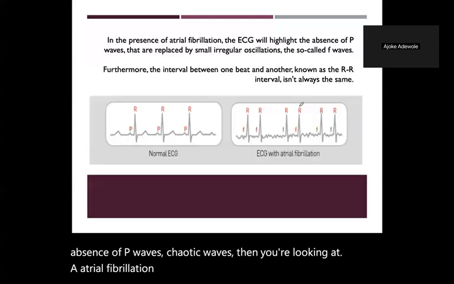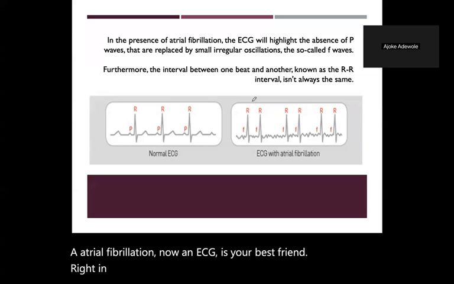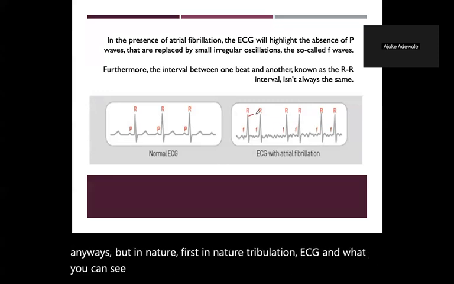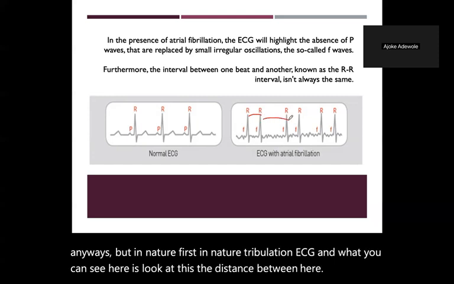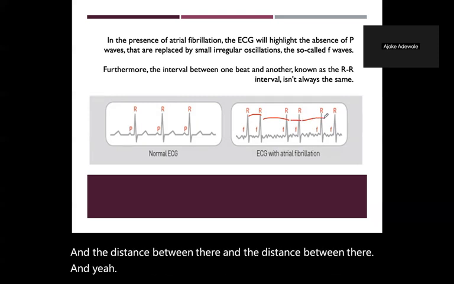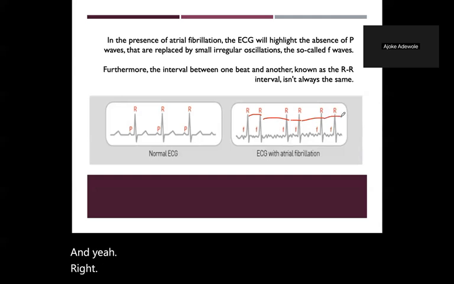Now, an ECG is your best friend, right? This is a normal ECG anyway, but in atrial flutter and atrial fibrillation ECGs, what you can see here is the distance between here and here, and here and here.